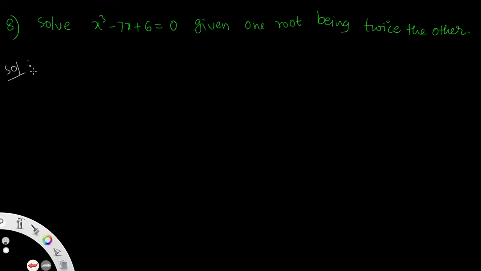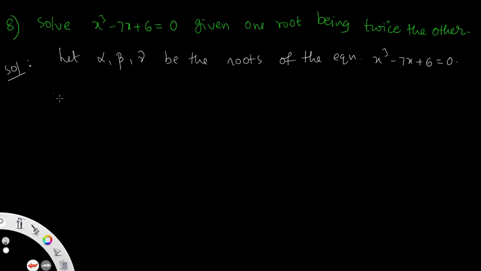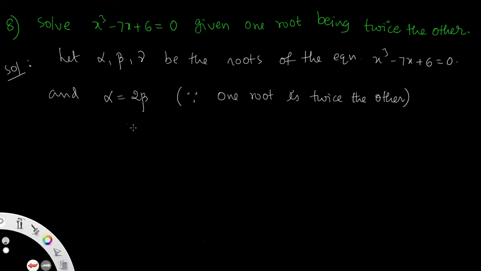Let alpha, beta, gamma be the roots of the equation x cube minus 7x plus 6 equal to 0, because the degree of the equation is 3, so the equation always has 3 roots. And the condition given is alpha equal to 2 beta, because in the question one root is twice the other.